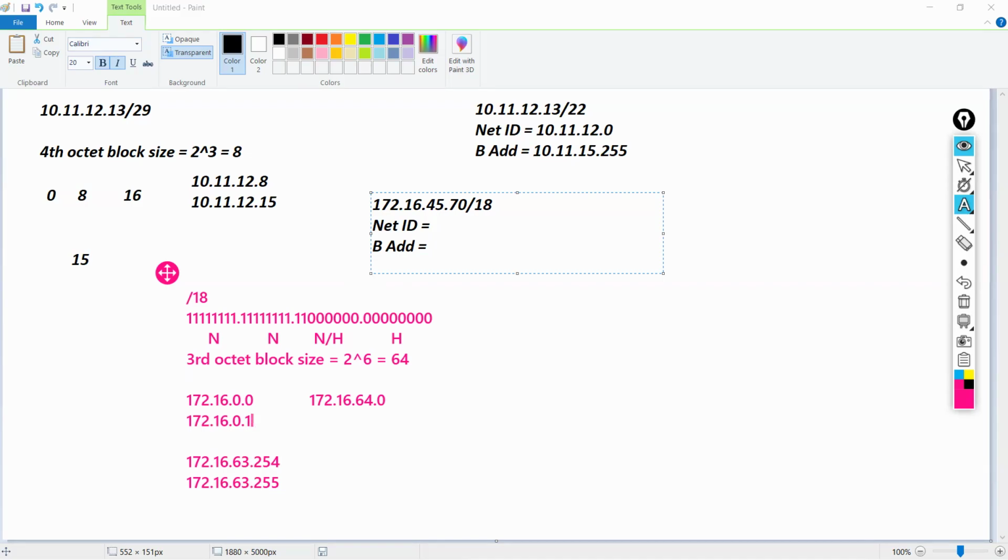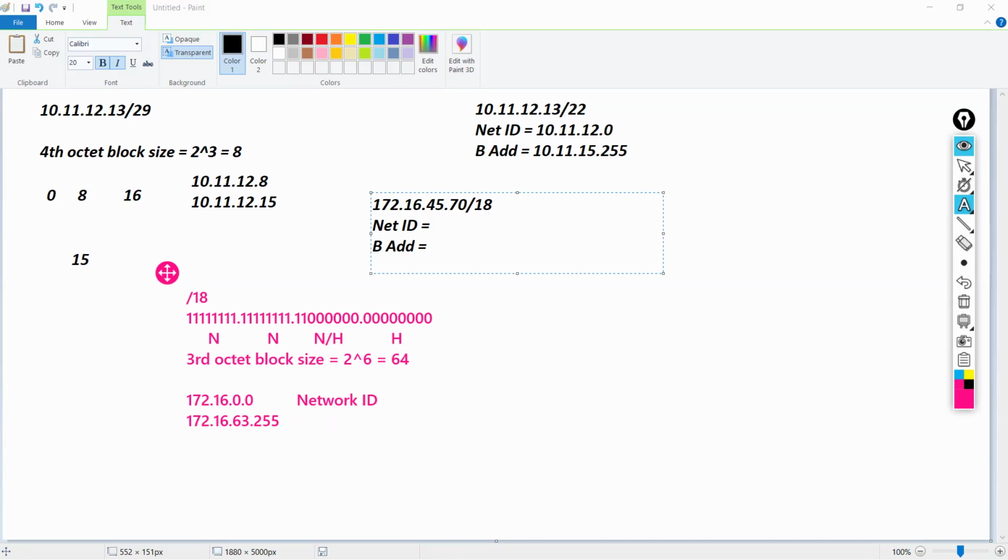Okay, we don't need to calculate these valid IPs also. All we need is your broadcast address and network ID. These are the two things we need. And this is also now not required. So this first one is your network ID, and this is your broadcast.